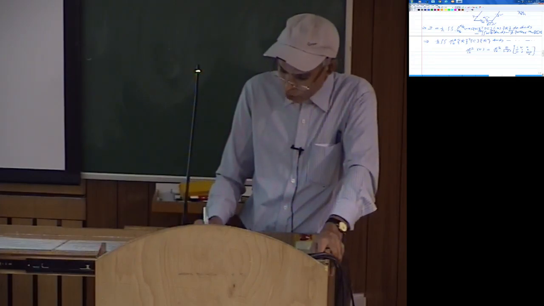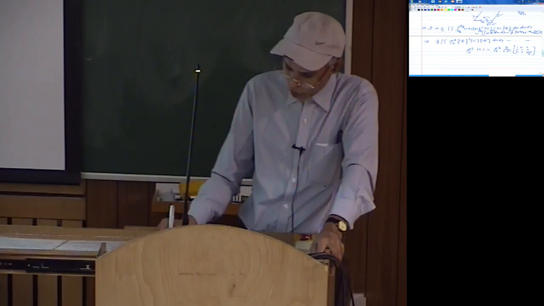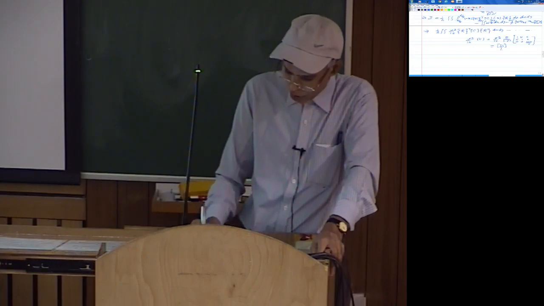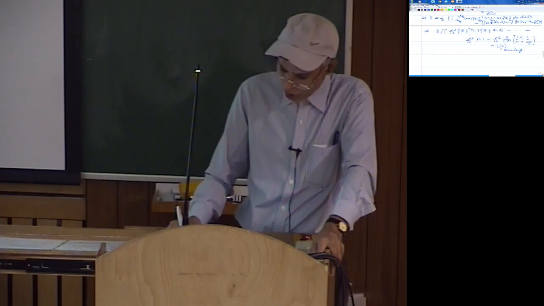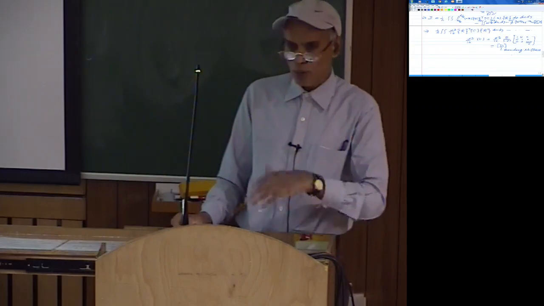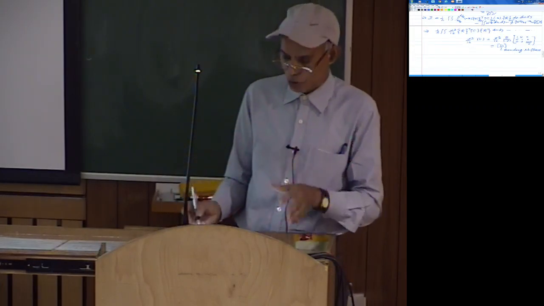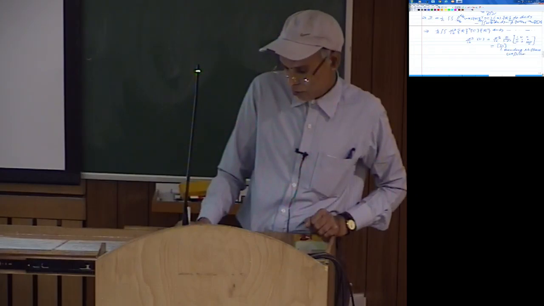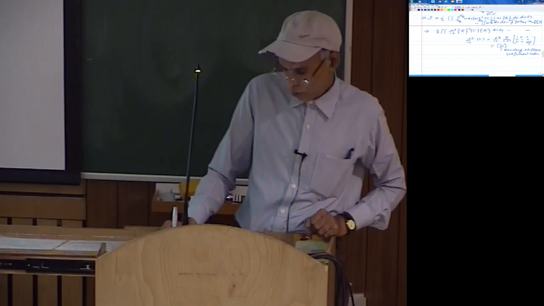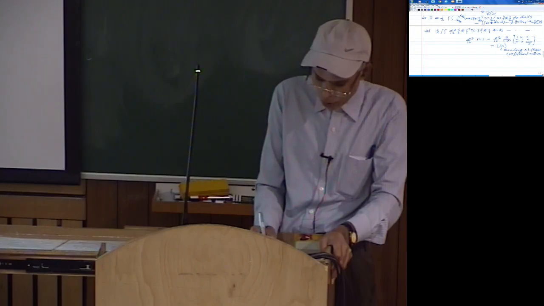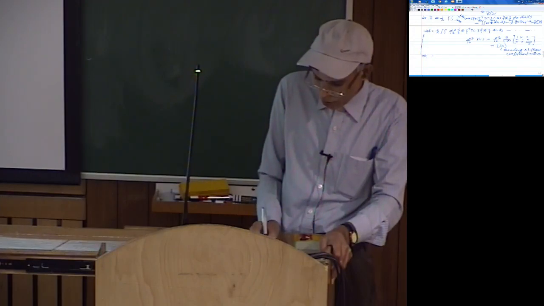So E h cube upon 12 into (1 minus nu square) into this whole other thing, usually we denote it as D, and we call it the bending stiffness coefficient matrix. That's the terminology in plate bending. To differentiate it from the stiffness of the overall element, we say bending stiffness coefficient matrix.